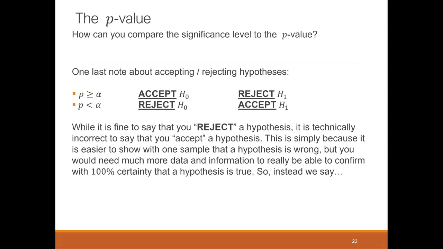So here's a technicality as far as when we write down our final answer on a test or quiz. Now reject is fine to say, except what I would prefer is that instead of saying we reject the null and accept the alternative, we said we reject the null and find evidence in support of the alternative.